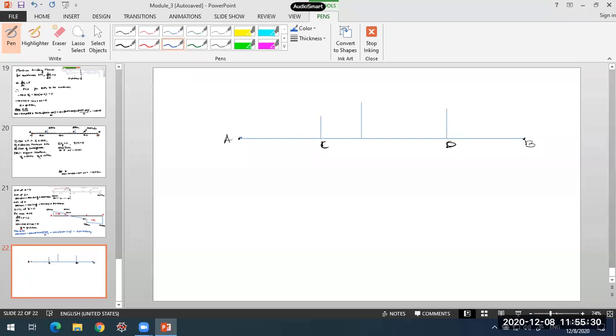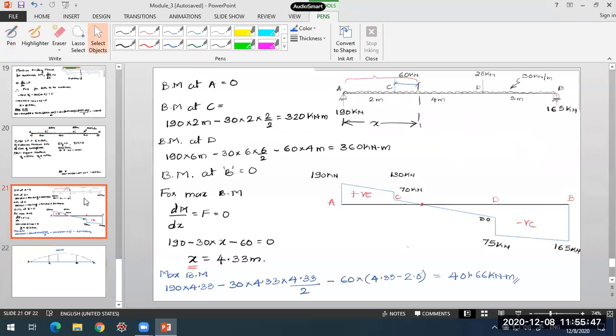So this is how the variation of bending moment will be, entirely parabolic in nature. The values are 401.66, and the other two values are 320 and 360.